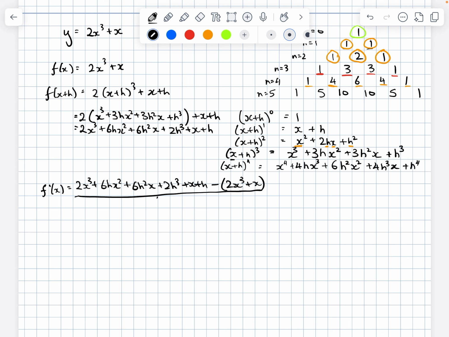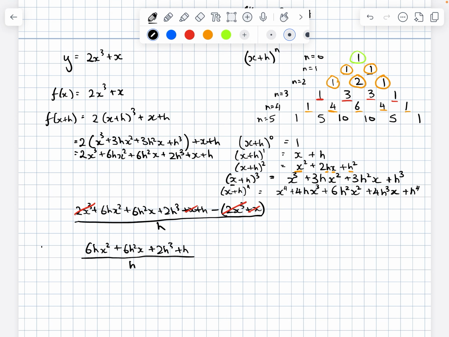all divided by h. We simplify, so 2x cubed minus 2x cubed and the x minus x. When you do this, all the terms without h's should always subtract away. Leaves us with 6hx squared plus 6h squared x plus 2h cubed plus h, all over h. Something I always forget is to write limits.